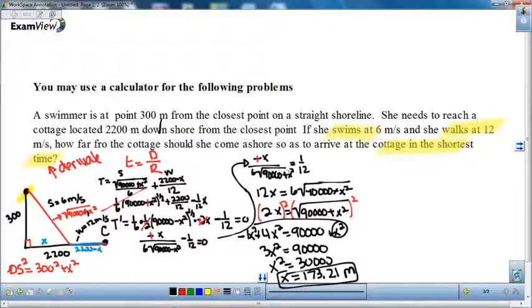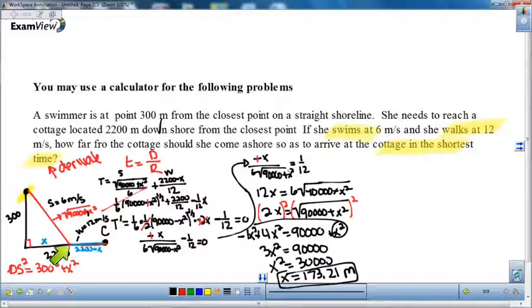Okay, so we need to go back and read the question to make sure we answered it correctly. It says, how far from the cottage should she come ashore? So x does not represent how far she is from the cottage. It's 2,200 minus x.